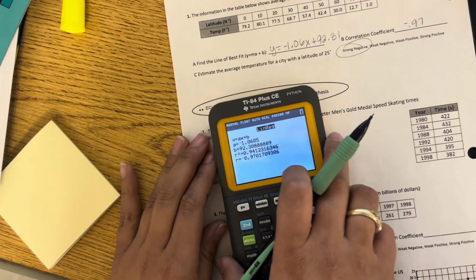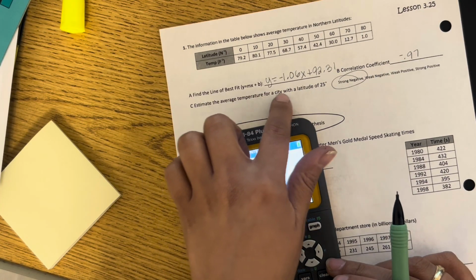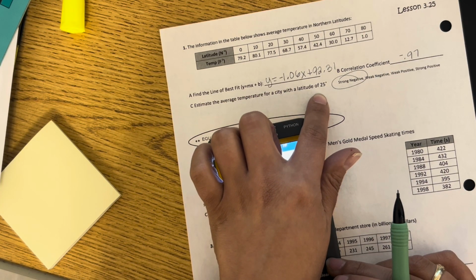Now, the last type is making a prediction using this equation. It says estimate the average temperature for a city with a latitude of 25 degrees.